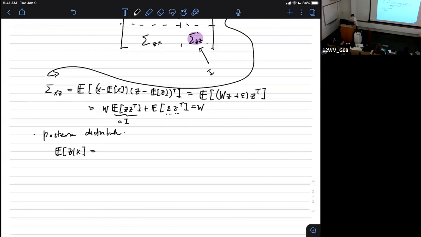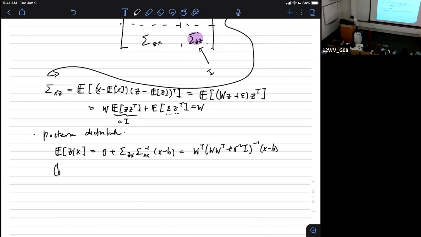But the most important thing is the Gaussian distribution. It's really important. So we need to look at the expectation, or the mean, and the mean is going to be 0 plus sigma_zx sigma_xx inverse times (x minus b), which is equal to W transpose (W W transpose plus sigma squared identity) inverse times (x minus b).